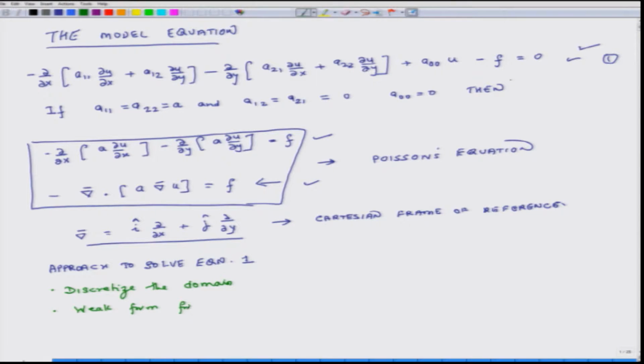So, the weak form for an individual element.